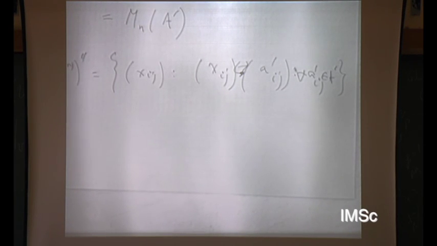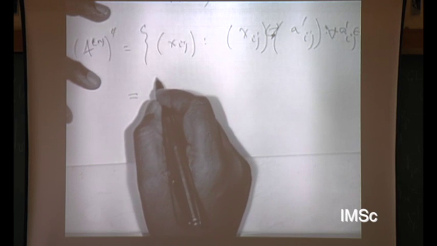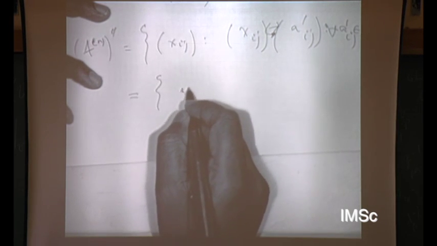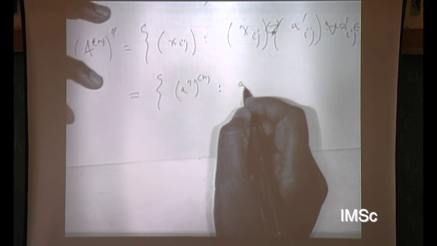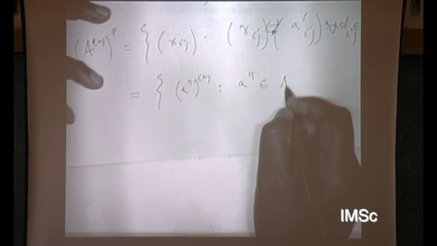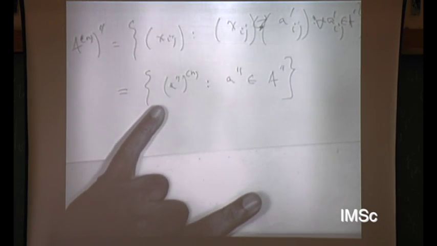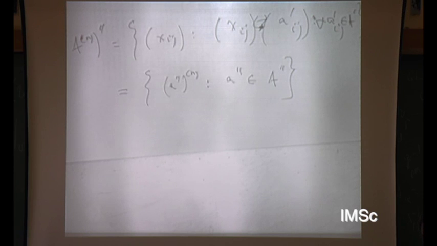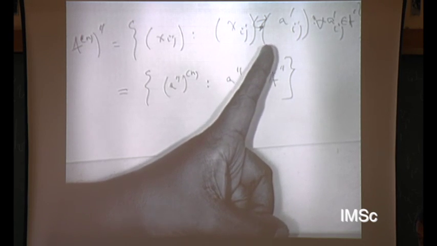So I claim that the answer is that if you take something of the form A double prime n, then that will commute with any A prime ij. I am claiming that those are the only ones which will commute with all of these.